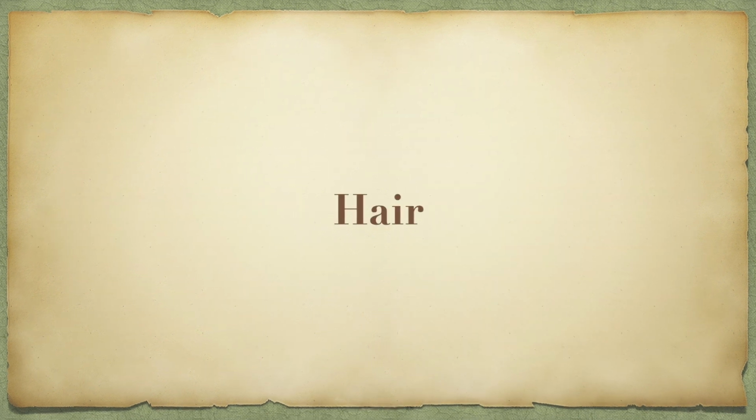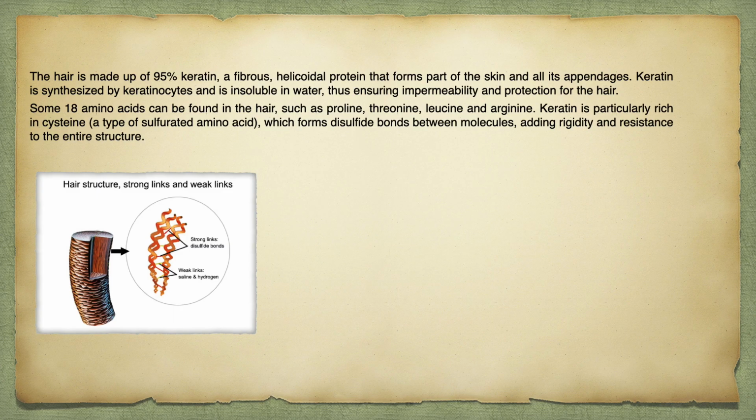Hair. The hair is made up of 95 percent keratin, a fibrous helicoidal protein shaped like a helix that forms part of the skin and all its appendages: body hair, nails, etc. Keratin is synthesized by keratinocytes and is insoluble in water, thus ensuring impermeability and protection of the hair.